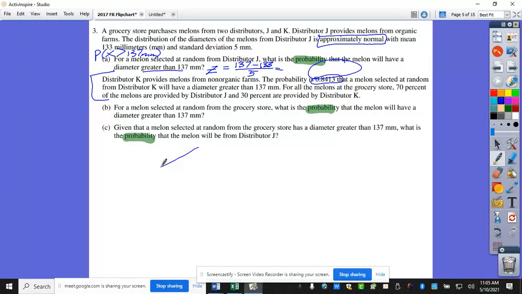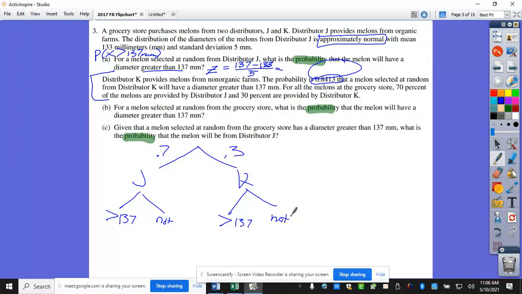I would go tree diagram. So, J, K, what would be here? And then here I'm looking at greater than 137 or not. This one, it gave it to us. This one, whatever I get as that answer would be what goes here.